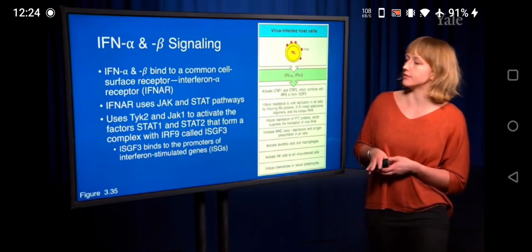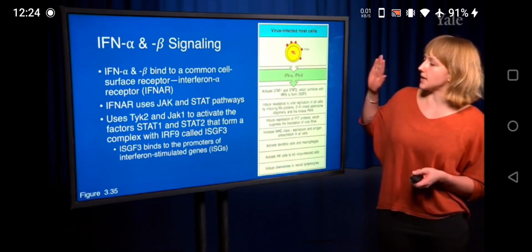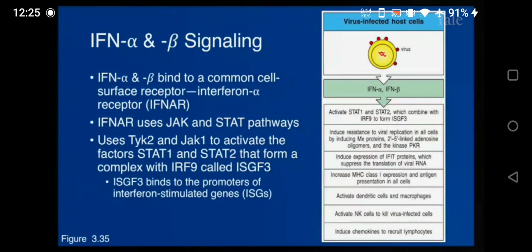Once ISGF3 is activated, the ISGs will change a lot about the host, including resistance to viral replication and induction of proteins that suppress translation. They increase MHC class 1 expression and antigen presentation in infected cells, and they activate further downstream cells that are involved in the antiviral response.